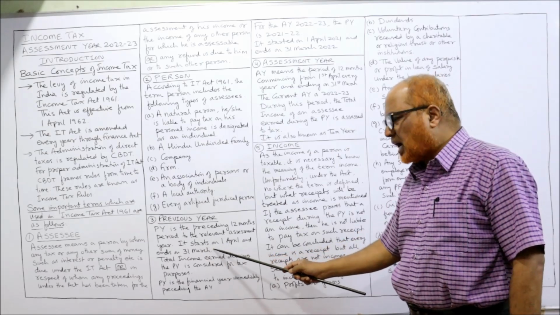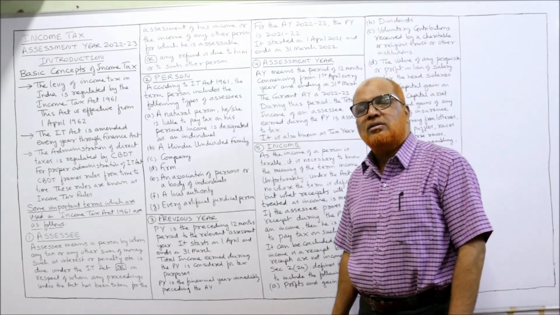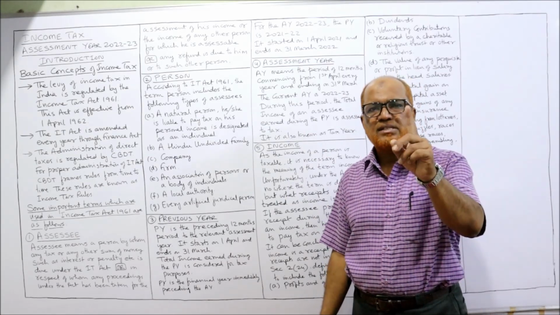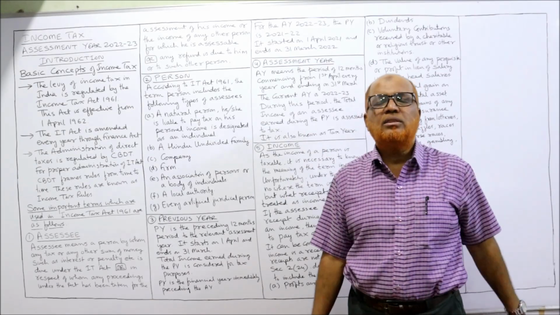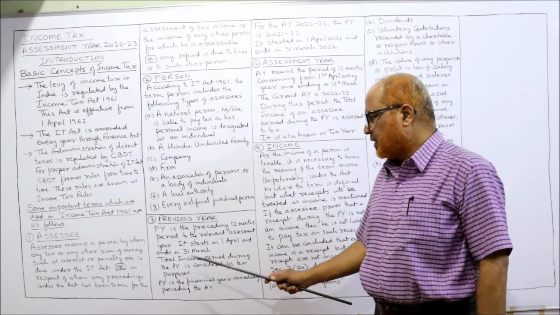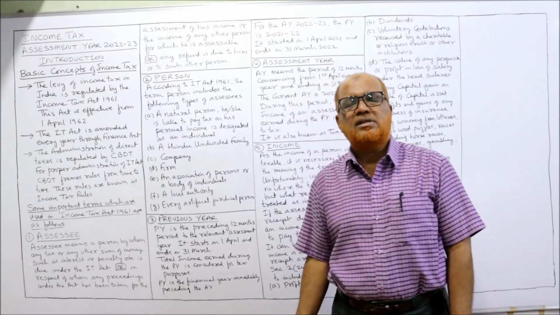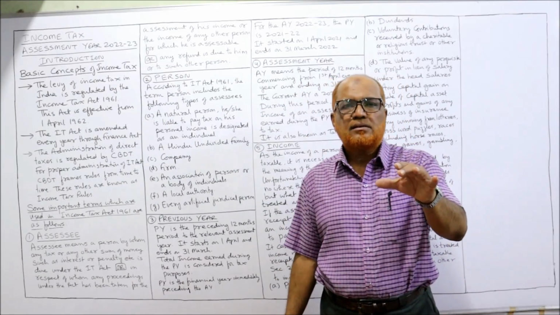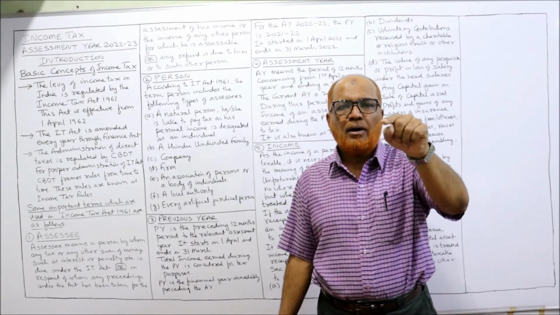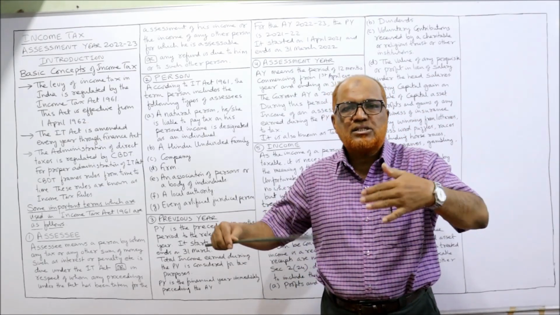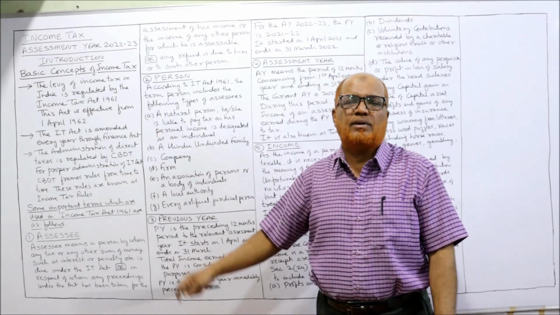It starts from 1st April and ends on 31st March. Financial year will begin from 1st April and end on 31st March. And total income earned during the previous year is considered for the purpose. See here. For income tax purpose, the income earned during the previous year is assessed to tax in the assessment year.